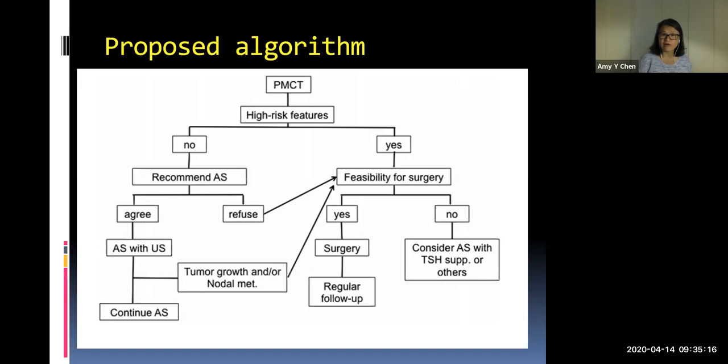If they do have high-risk features, so on the right side of the table, then you should consider them for surgery. If they are eligible for surgery, then you just do surgery. If they are not eligible for surgery for whatever reason, because of comorbidity status or other reasons, then you can consider active surveillance. You can also consider supplementing with LT4 for suppression. However, that's not been proven to really have much of an impact.